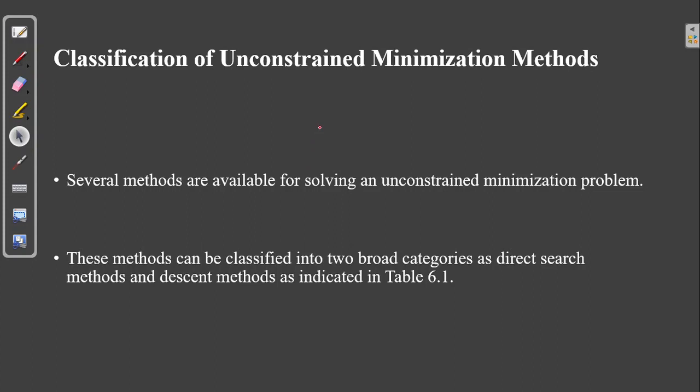Now the classification of methods to solve unconstrained minimization. Several methods are available for solving an unconstrained minimization problem, and these methods can be classified into two broad categories as direct search methods and descent methods.